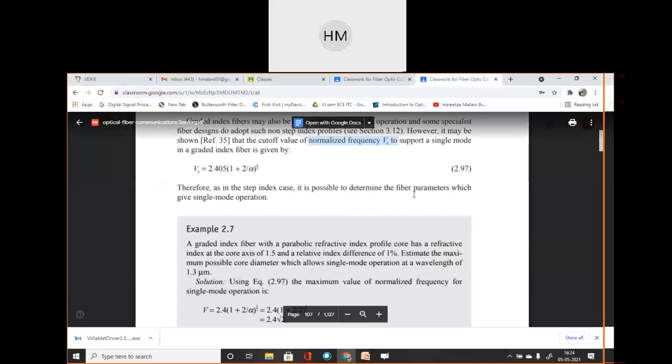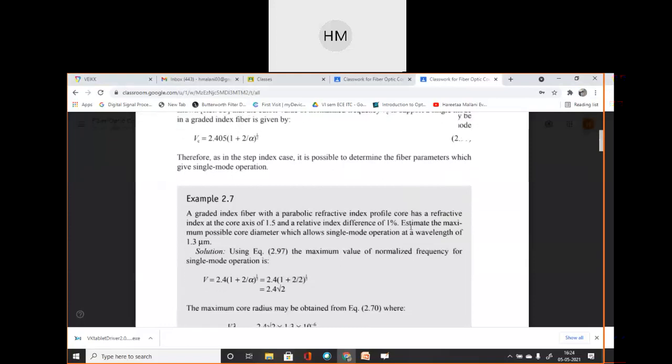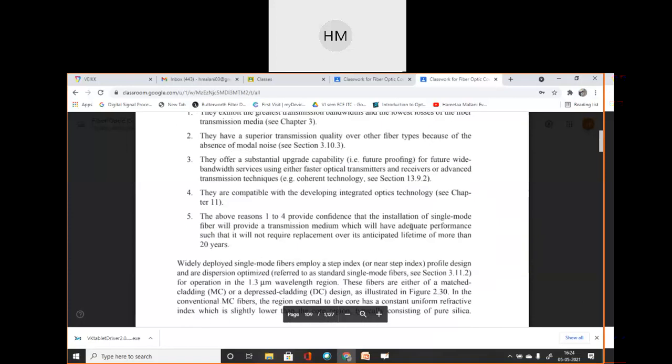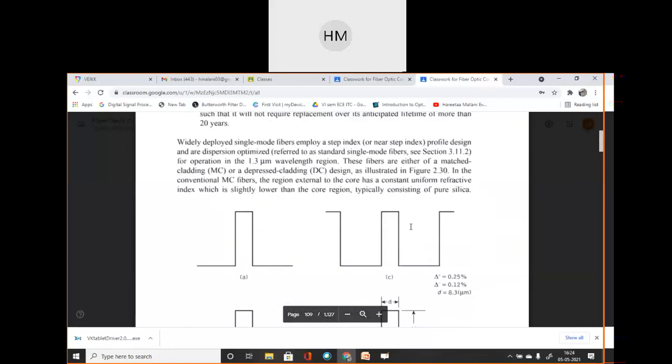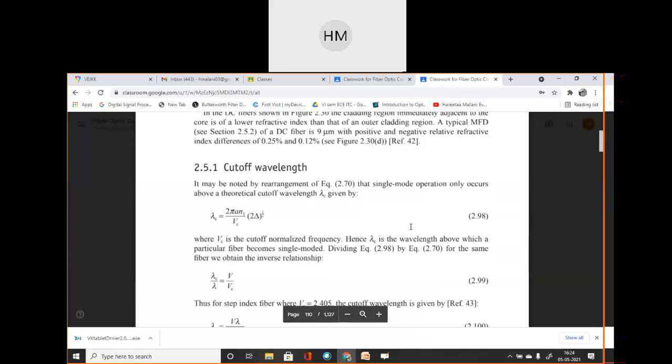Now we will define it for multimode fiber. So I will show you the equations. See, this cutoff wavelength we have designed.